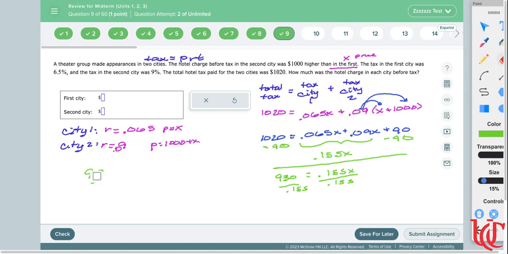The pen occasionally goes crazy on here. All right, so we've got 930, and then 3 more zeros, divided by 155, just so that I don't have any decimals.